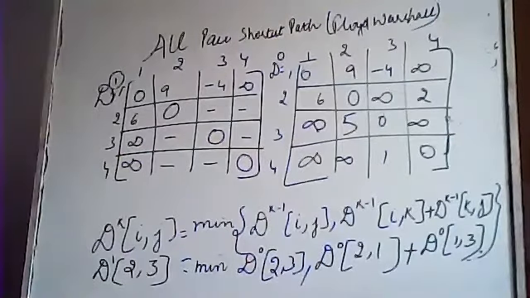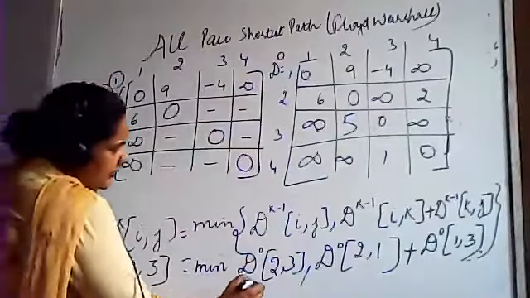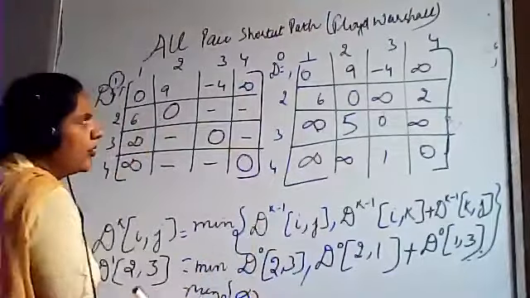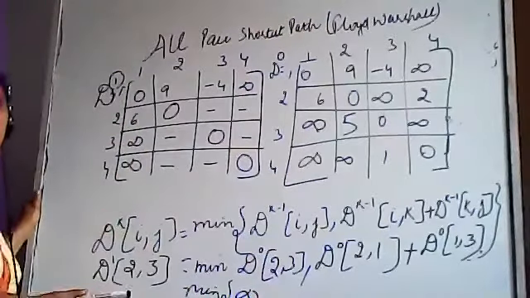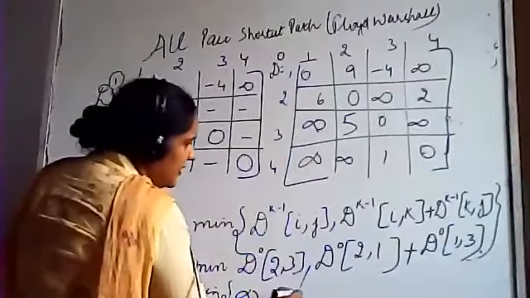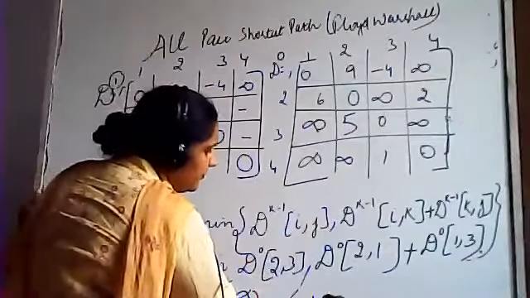So from this matrix, you are taking these values for reference. Minimum of infinity, since D of 2, 3 is infinity in D0. Then D0 of 2, 1 is 6, and 1, 3 is minus 4.